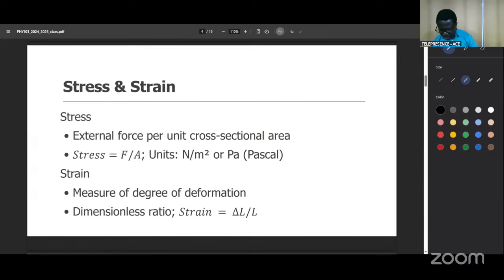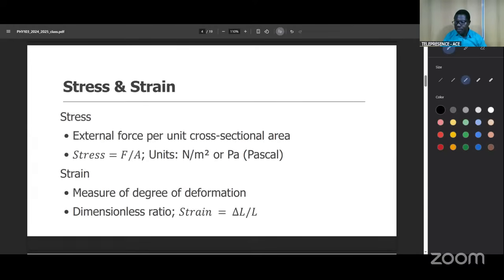We are told the extent to which it is deformed, which is 0.2 centimeter. From the definition, strain is the deformed dimension over the original dimension. So it's straightforward.